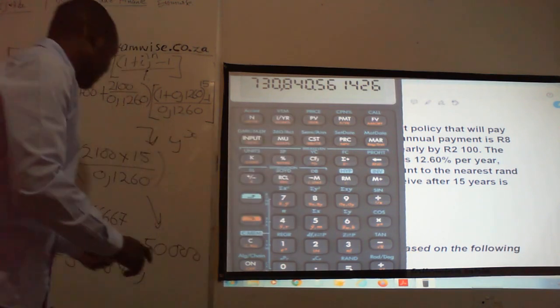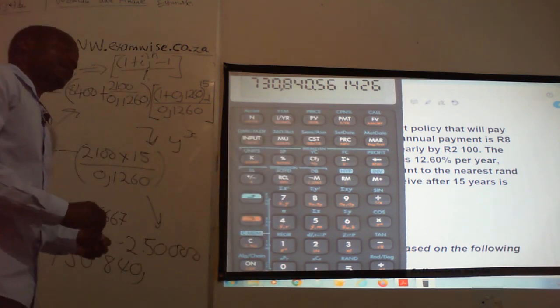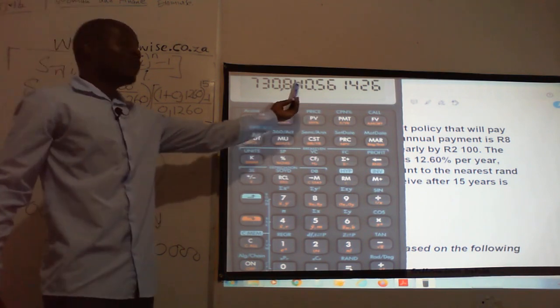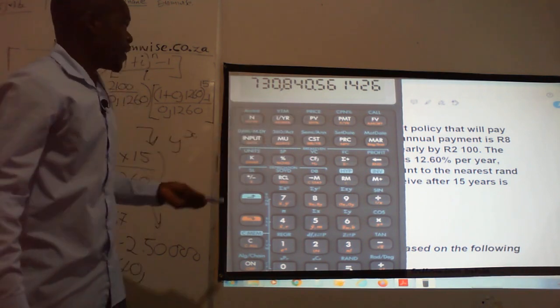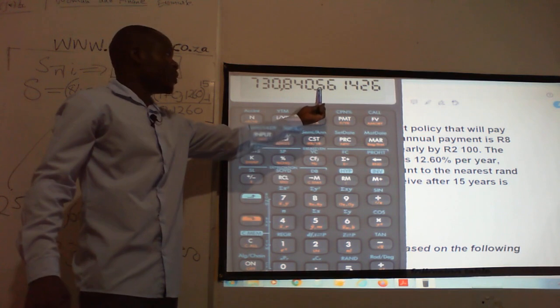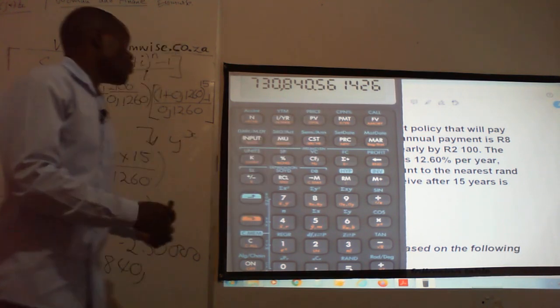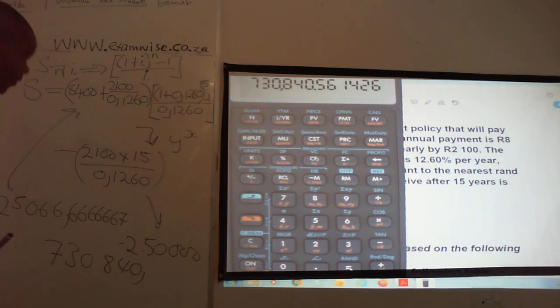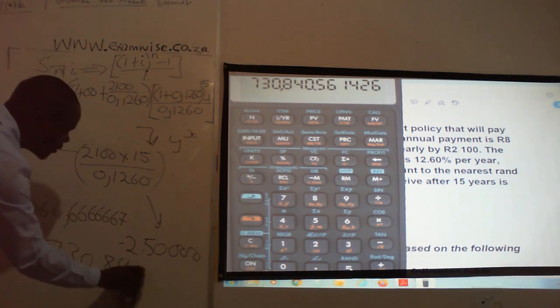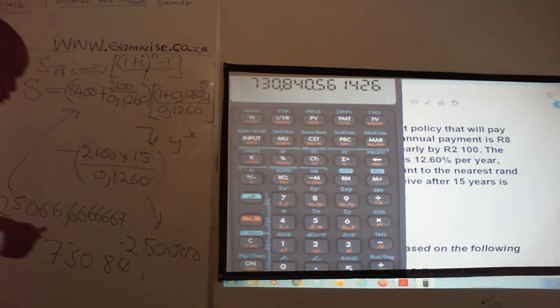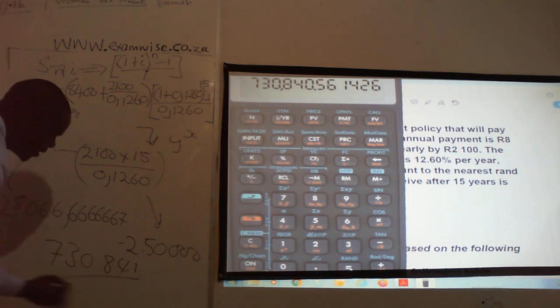So to the nearest rand, we are rounding to the nearest whole number. So here we have 0.5. So 5 can change 0 to become 1. So it means there we'll be having 84841. Since they say to the nearest what? To the nearest rand.